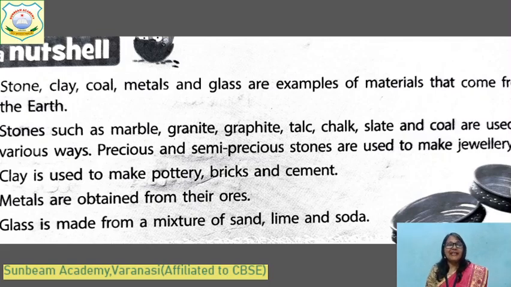Okay. Metals are obtained from their ores, and ores are found in rocks. Yes, children, give an example of a metal. Copper, gold, aluminium, a whitish colored metal. These are the examples. And glass is made from a mixture of sand, lime, and soda.